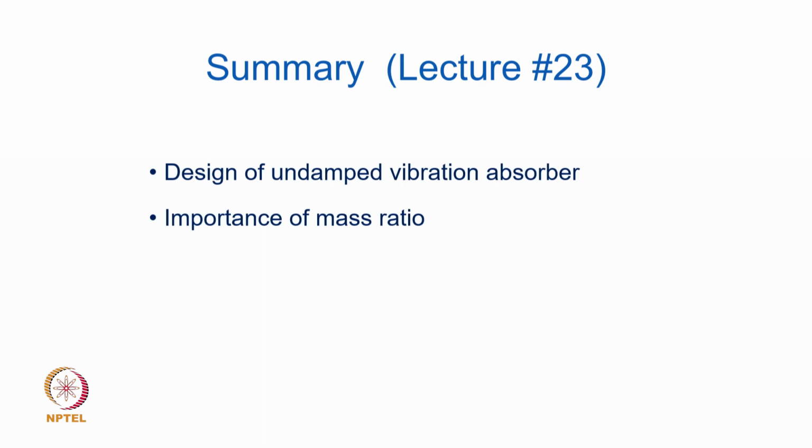We also understood the importance of mass ratio in the design of a vibration absorber, and that part should be kept in mind while designing it, and that itself gives an idea that there are some challenges in the practical implementation of this undamped vibration absorber, which we will try to sort out in the subsequent lecture on tuned mass damper.